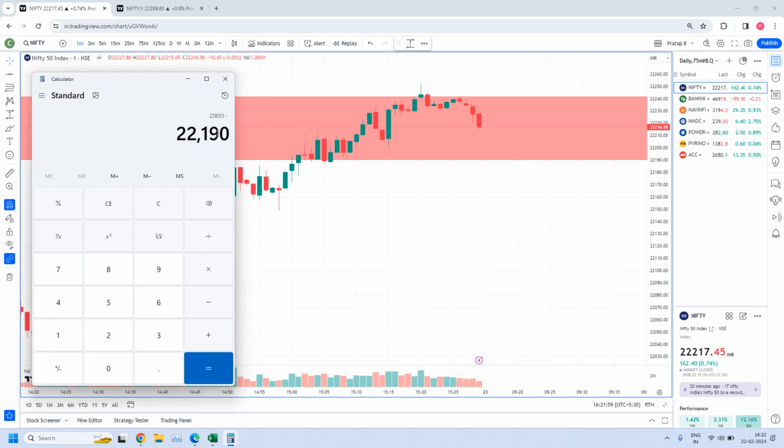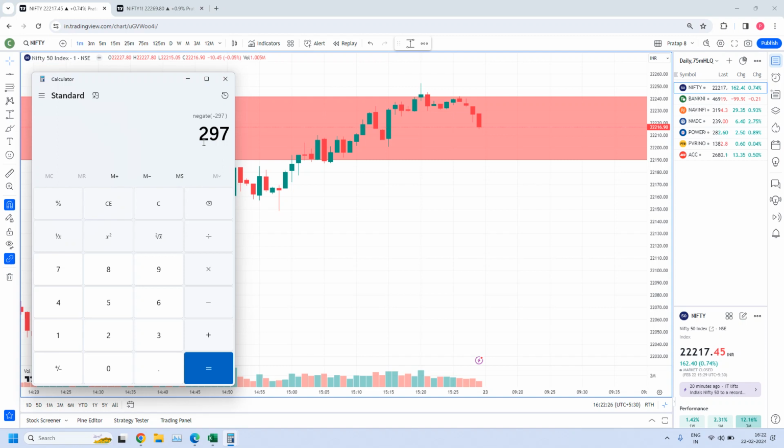This is the difference you have to see. How did we identify 22,190? Near the distal line, the value is 22,190, just before the distal line. You got 297. Let me change it to a positive value. So you got 297 points. That means almost close to 300 points.